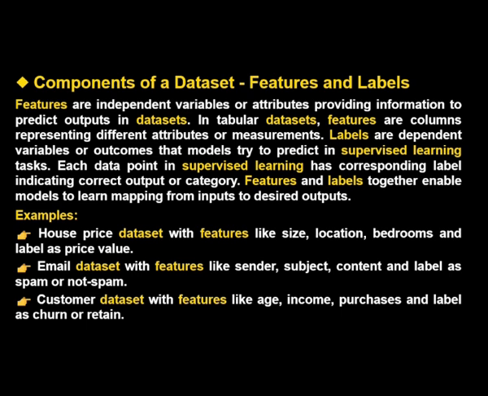Labels are the output variables that the model tries to predict. Labels are present only in supervised machine learning. For example, in a house price prediction problem, house size and location are features and the price is the label. The relationship between features and labels is what the model learns during training.